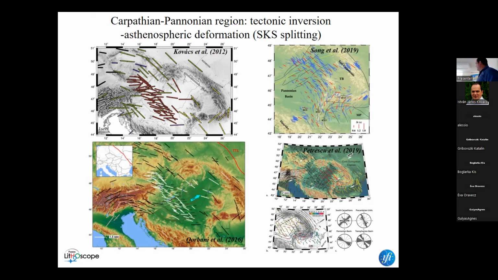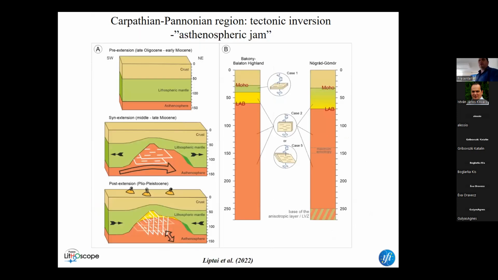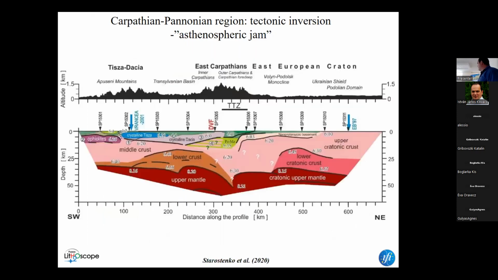And the asthenosphere may want to escape in these two directions from the convergence. So yeah, it's just an idea. I'm not saying it's right. It's just something, you know, appetite for thought. So let's think about it. But I would be really curious to hear your opinion on this.